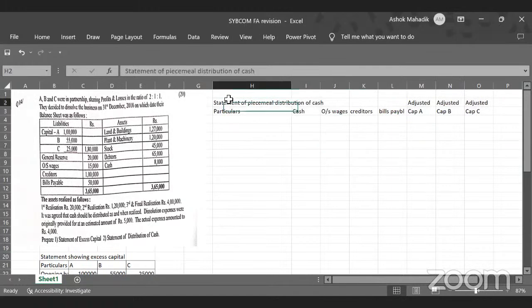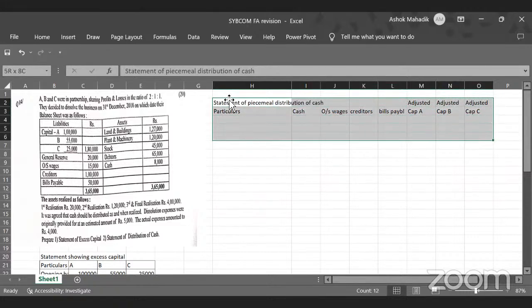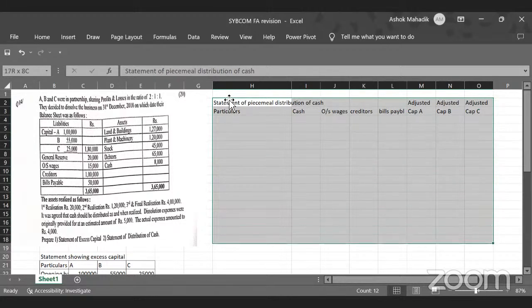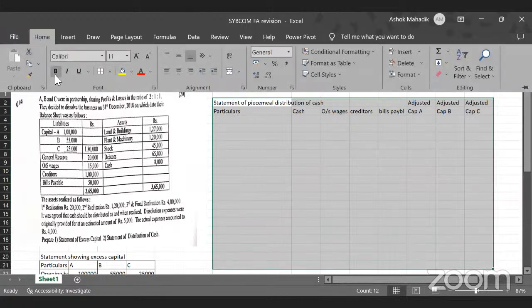See, now we have to make one table containing these columns. First column for particulars, second column for cash always. Then your liabilities in the order of their payment.